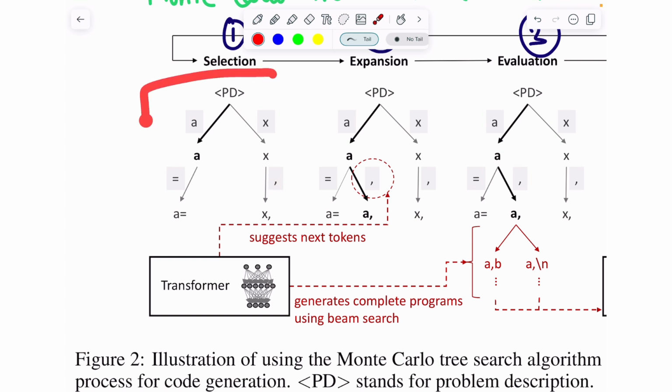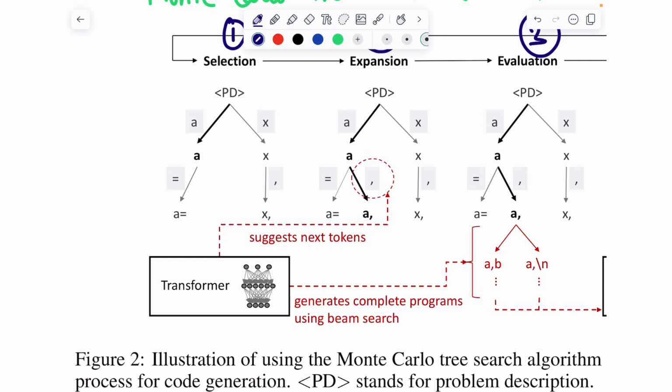So this is the current condition of a tree, where the nodes in the tree represent the tokens that you have generated. They have the partial sequence that you have, right? So if you follow a particular path, you get a partial sequence. For example, if you follow the leftmost path, you get the partial sequence of A is equal to, and if you follow the second path, you get X comma, right?